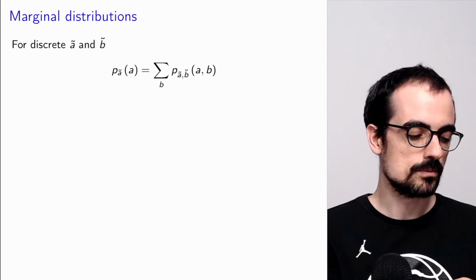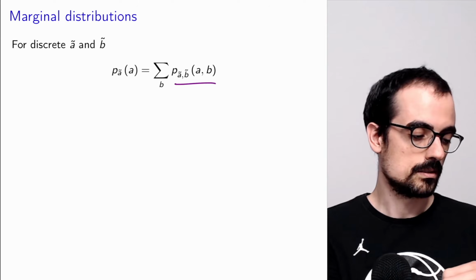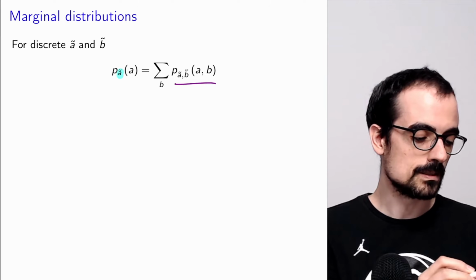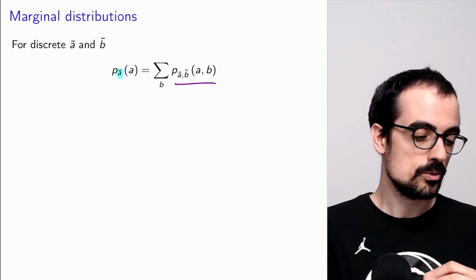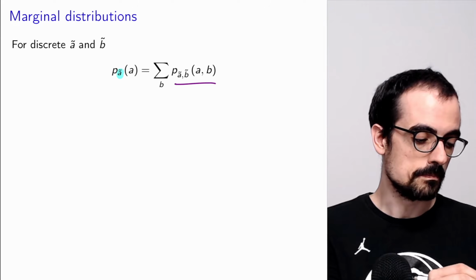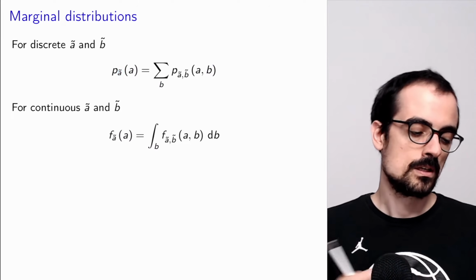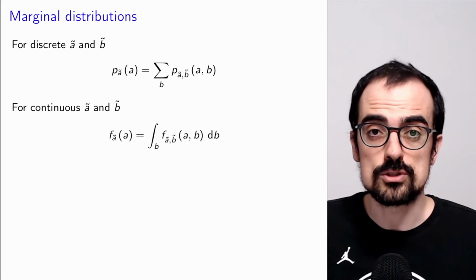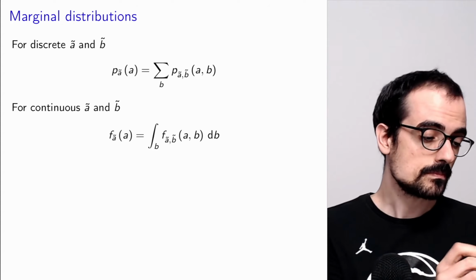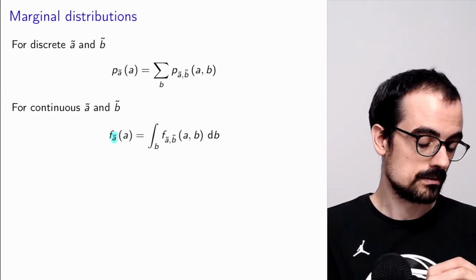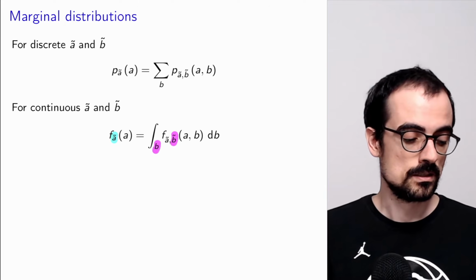You have the joint PMF, you want the marginal over the random variable A. What do you do? You sum the joint PMF over B. If you have two continuous random variables, A and B, and you want the marginal with respect to A, what do you do? You integrate with respect to B.